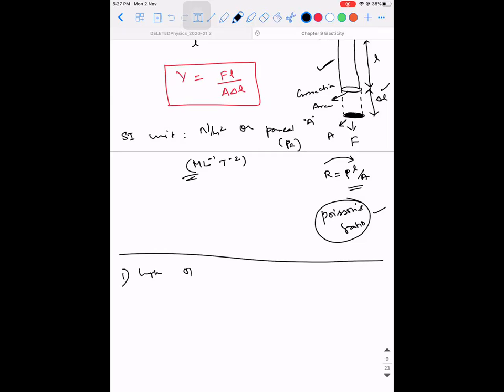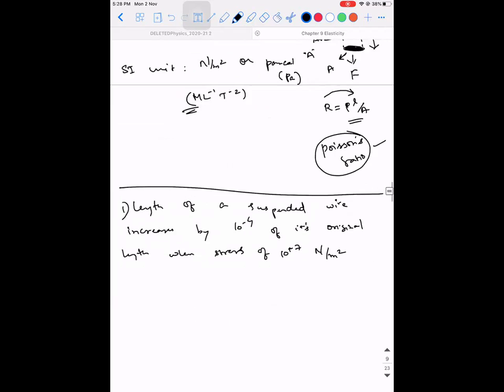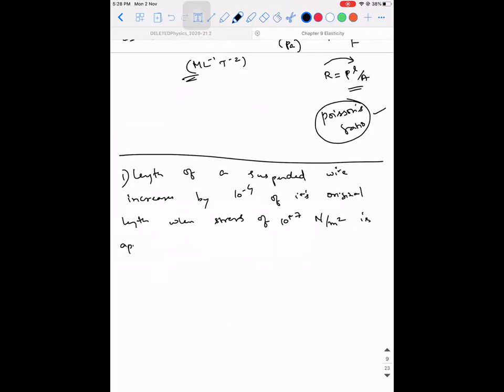The length of a suspended wire increases by 10 power minus 4 of its original length when a stress of 10 power 7 Newton per meter square is applied on it. Calculate Young's modulus of the wire.